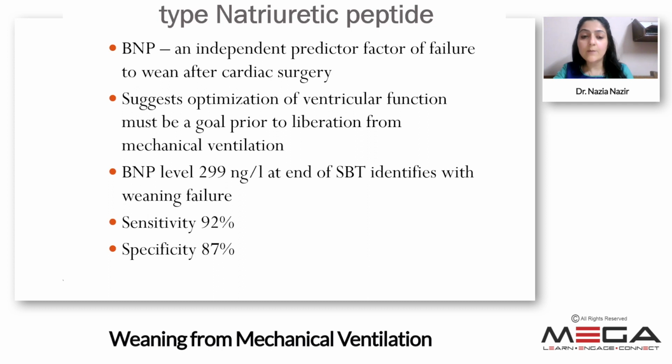A BNP level in the blood of more than 299 nanograms per liter at the end of the SBT identifies weaning failure. This BNP has a sensitivity of 92% and a specificity of 87% in terms of weaning success.